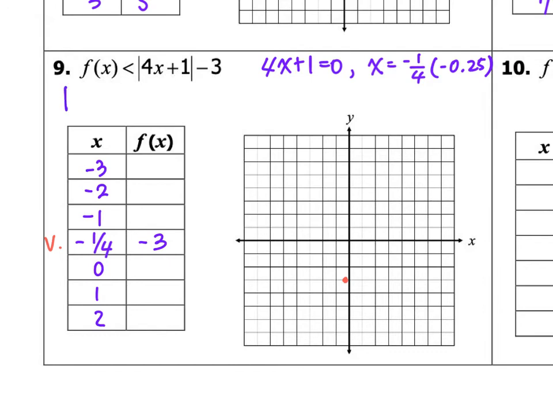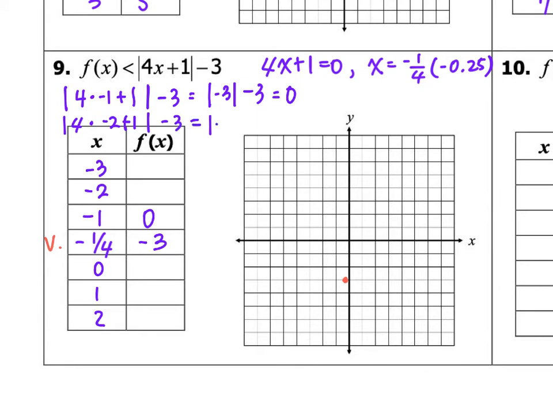So let's find the rest of the points. When x is negative 1, 4 times negative 1 plus 1, with absolute value, minus 3. So that will be the absolute value of negative 3, minus 3. So 3 minus 3, 0. And let's do 4 times negative 2 plus 1, the absolute value, minus 3.